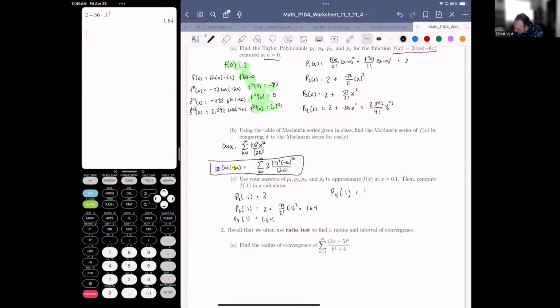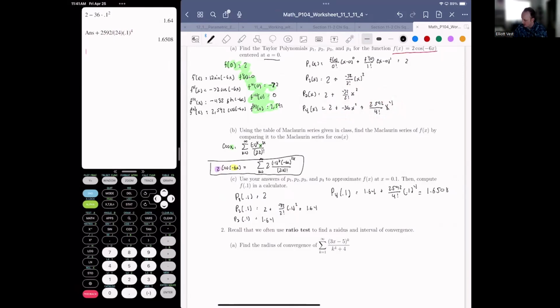So I'm just going to write 1.64 plus 2592 over 4 factorial times 0.1 to the fourth. So let's do the same answer plus 2592 divided by 4 factorial. That's 24, times 0.1 to the fourth.